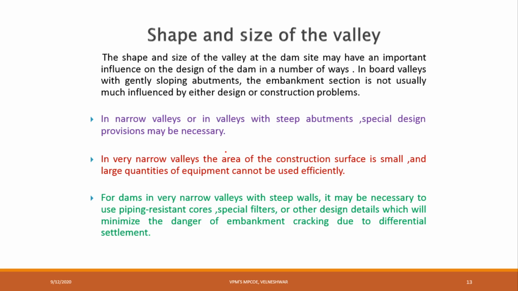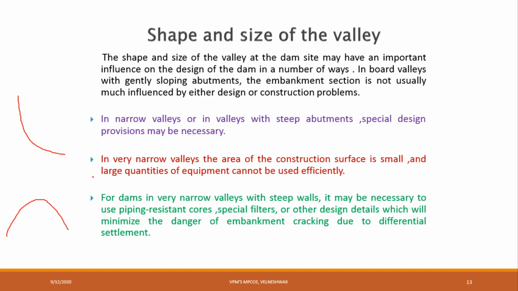In a narrow valley or a valley with steep abutments, special design provisions may be necessary. For example, this is the valley and this is the summit. Generally here we will have the valley. In valleys with steep abutments, we have to use some special design provisions, based on Indian provisions.